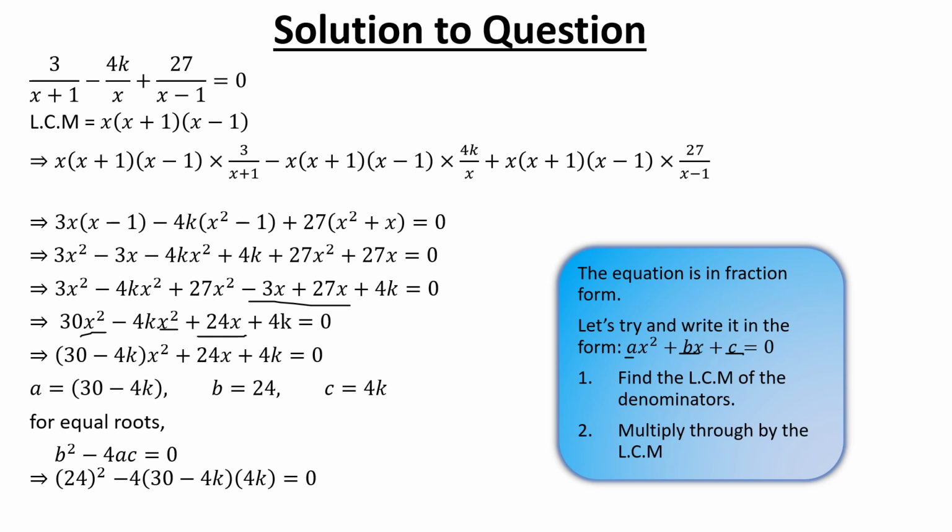When we do the simplification, we get 576 minus 4 times 120k minus 16k squared. How did we get this? We multiply the 4k by 30 and the 4k by negative 4 to get what is inside here, and then bring in our negative 4.